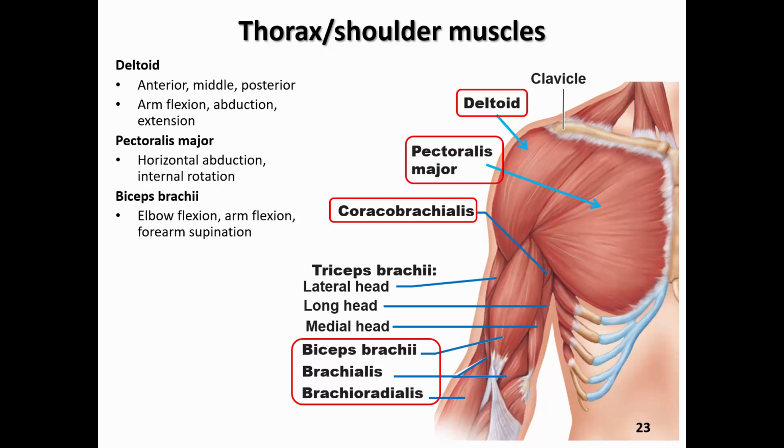And because this muscle crosses the elbow, it also contributes to forearm supination, which is the position of the hand in the anatomical position where the palm is facing forward.